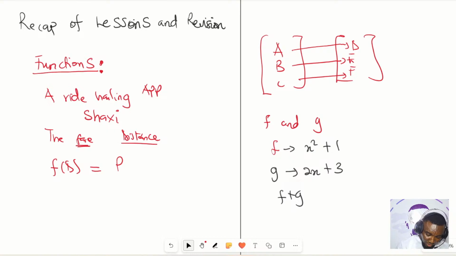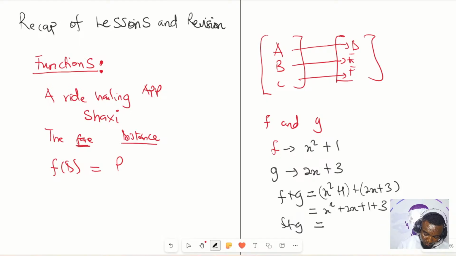For f plus g, we take the f function, which is x squared plus 1, and add it to the g function, which is 2x plus 3. We can expand this and have x squared plus 2x plus 1 plus 3. That implies that our f plus g becomes equal to x squared plus 2x plus 4. So that is basically our function f plus g.